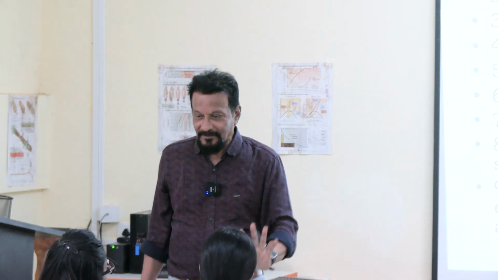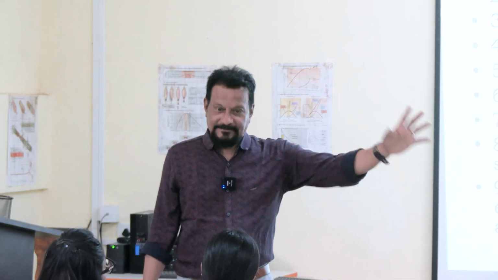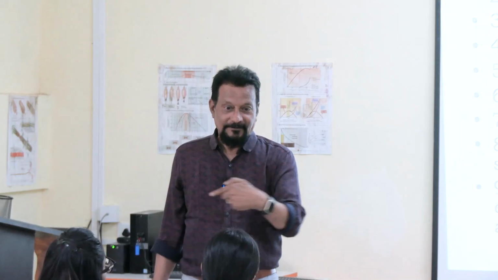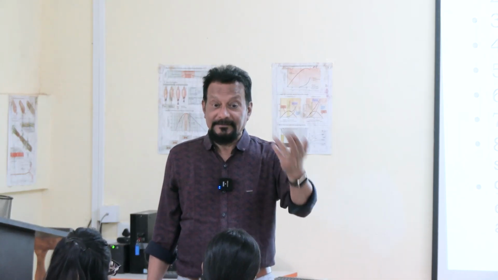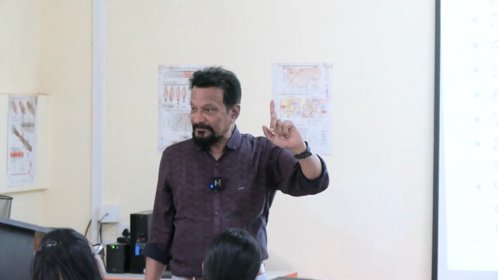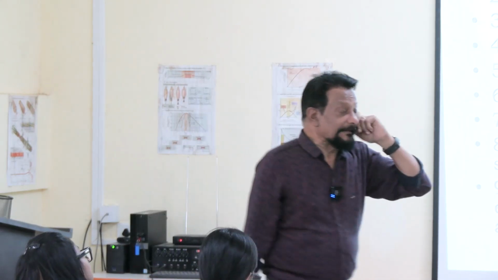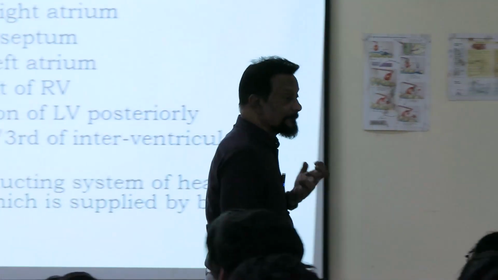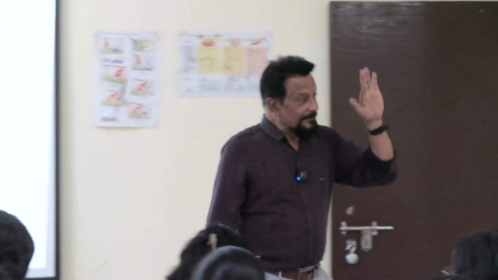However, their actions can be modified by our nervous system. They can increase, decrease their activity. They can increase, decrease their conduction. The nerves, sympathetic and parasympathetic nerve, can increase and decrease the excitability of the cells. They can increase, decrease the conductivity. They can increase, decrease the automaticity.